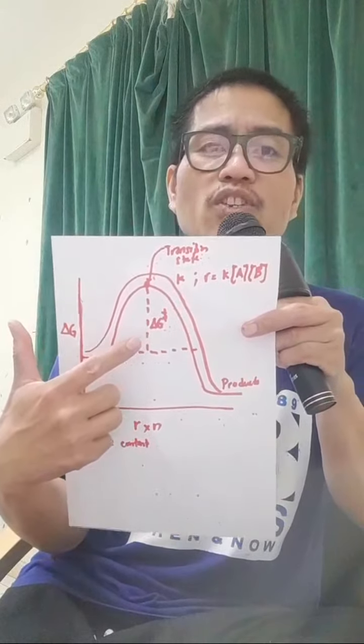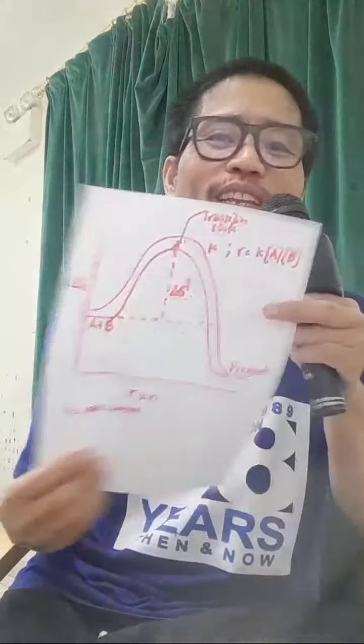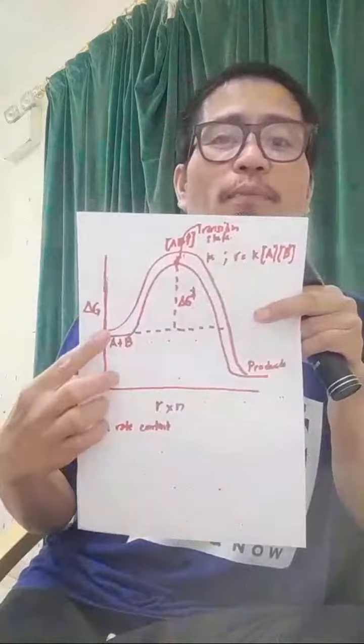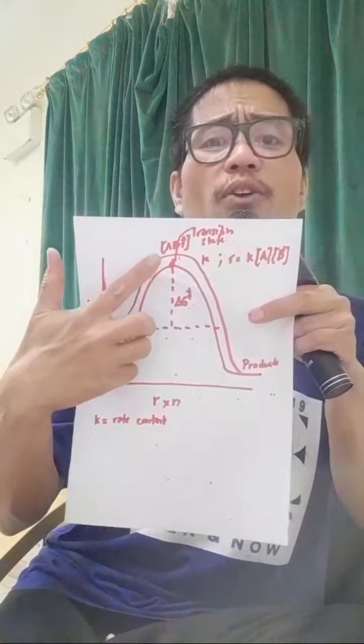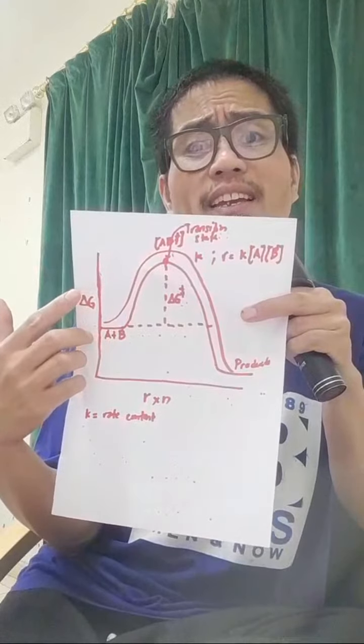So at this point of the transition state, we have to put this as open and close parentheses, AB double dagger. So now we also put k here from AB going to the reactants double dagger, something like that.